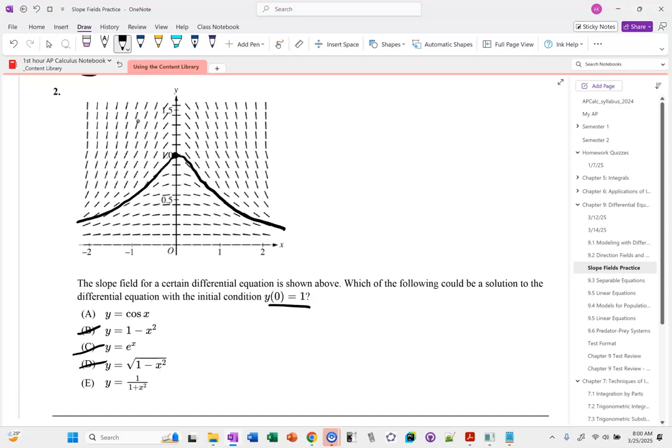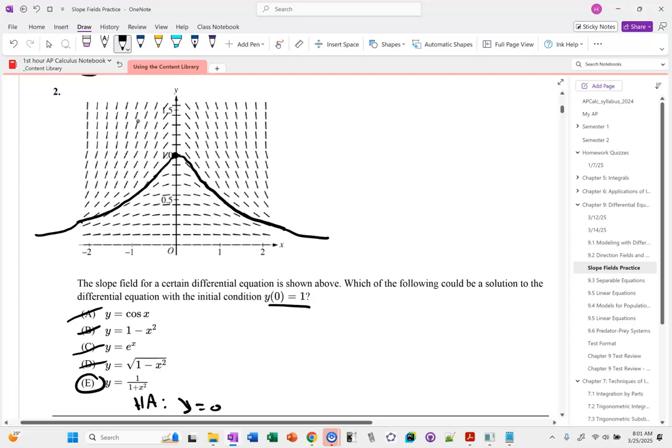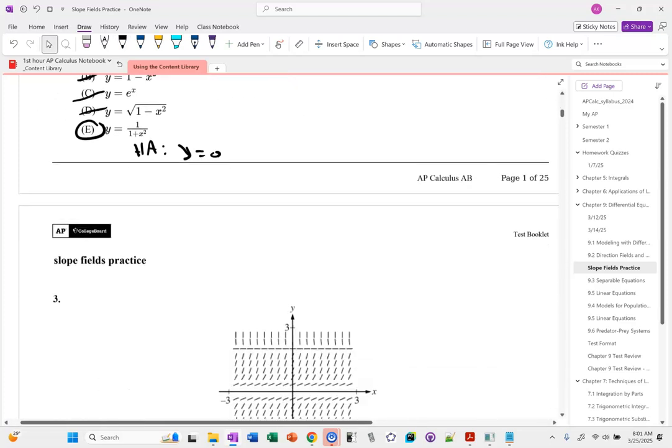Wrong kind of concavity on it, right? So we're left with this guy, which should make sense because this has a horizontal asymptote at y equals 0. Certainly looks like we're going down to that. So I like that a lot. That makes sense to me. Everybody feel okay there? Okay.